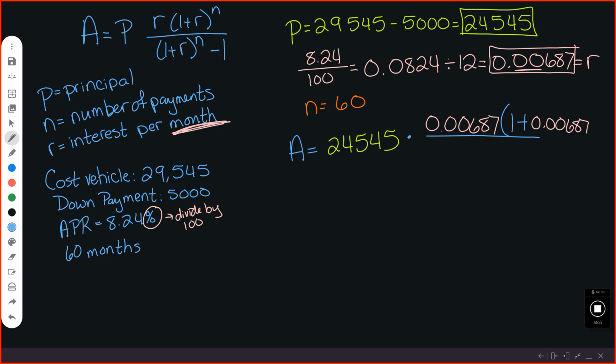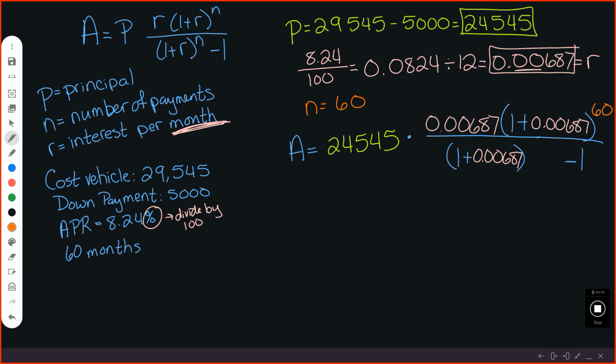And then my exponent on that is going to be 60. Okay. And then on the bottom, we're going to do 1 plus our rate, 0.00687. We're going to write our 60 again, and we're going to write minus 1. And again, that's a big minus 1. I thought it was part of the exponent when I read the formula, and that was incorrect.